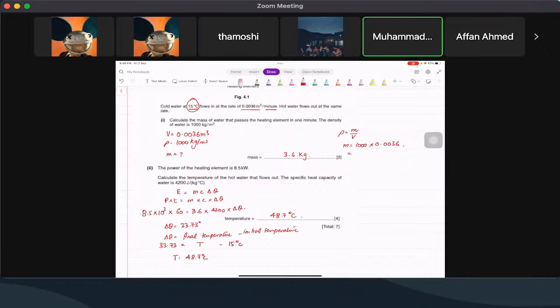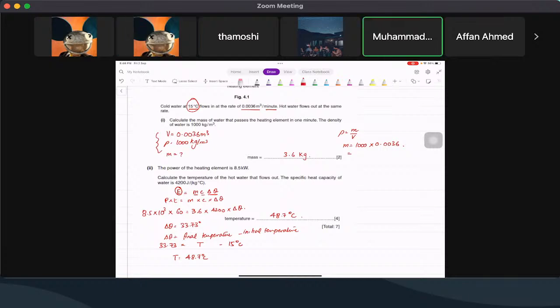Can you explain the first part again? Yes. We know that the energy supplied from the heater is equal to mass times heat capacity times change in temperature, right? You know this equation, right? No, sir, not this, the first part. Yeah.